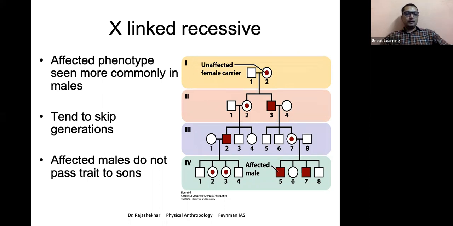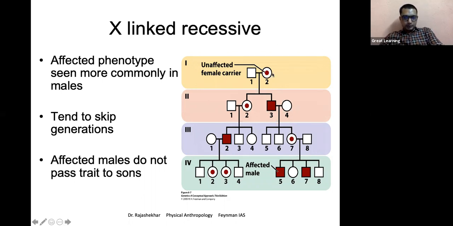Hemizygous, H-E-M-I, zygous. So if this son receives one defective X chromosome from mother, he becomes hemophiliac. Only one defective X chromosome is needed in males. That is why usually males are affected with X-linked recessive disorders, and the females can be carriers.